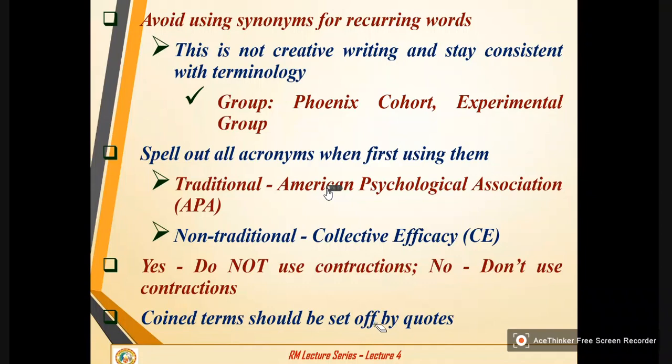Suppose you have coined a particular terminology or a name, then you have to put it in quotations. Say, for example, I have identified a particular number to be not exactly a palindrome number. Palindrome means if you read in one order and the reverse order, they will give the same thing.